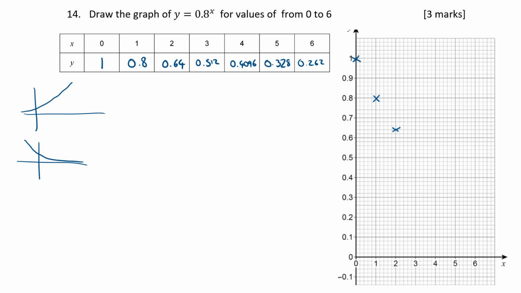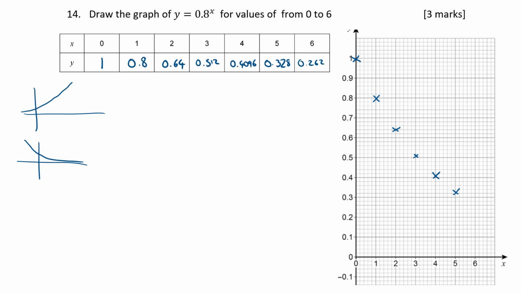0.512 for the next one, so it's going to be halfway up that square there. 0.4096, which was about 0.41, there. 0.328, 0.33 is pretty close. It's there.